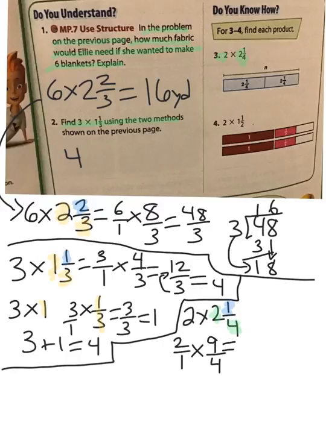And I'm just going to multiply across, so I'm going to get 18/4, and 4 goes into 18 4 times. Put your denominator. 4 times 4 is 16, 18 minus 16 is 2. So I'm going to get 4 2/4, which would equal the same as 4 1/2.